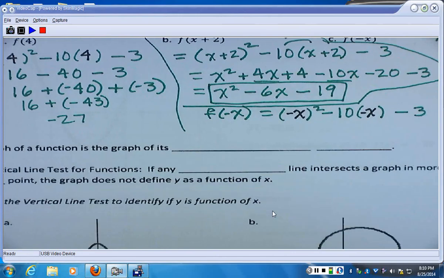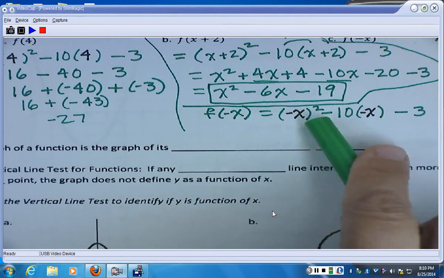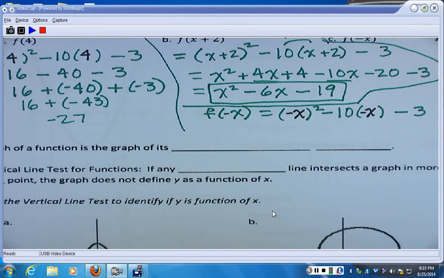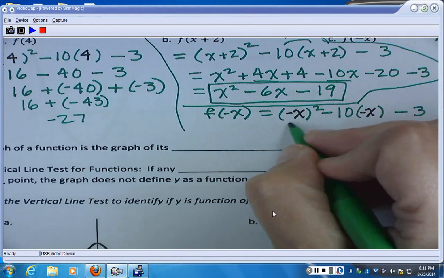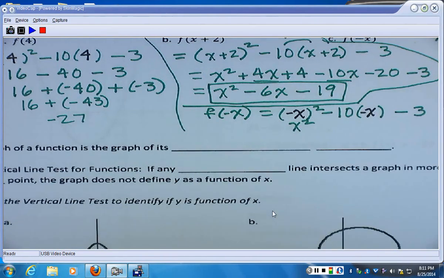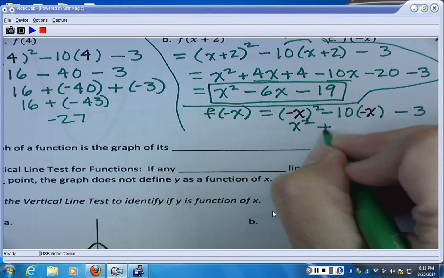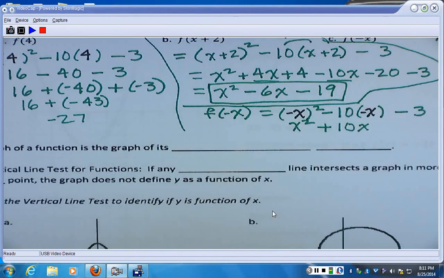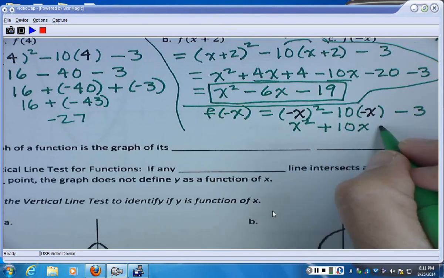That's my variable replacing every x. When you take negative x and square it, you get negative x squared or positive x squared? When you take negative 10 times negative x, you get minus 10x or positive 10x? Positive. A negative times a negative is a positive. And then you have minus 3.